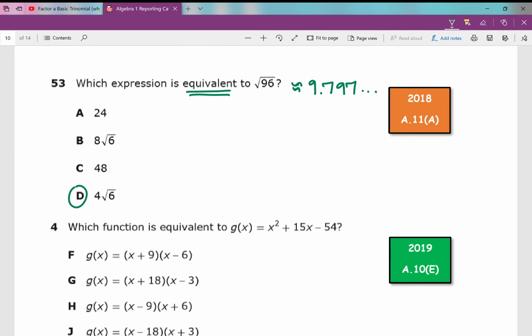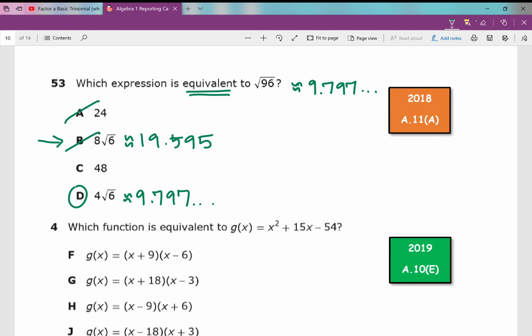D is the only one where, when I plug in 4 times the square root of 6, I also get 9.797. Like if you plug in 8 times the square root of 6, I'll get 19.595. So obviously that's not the same, so it's not going to be that one.